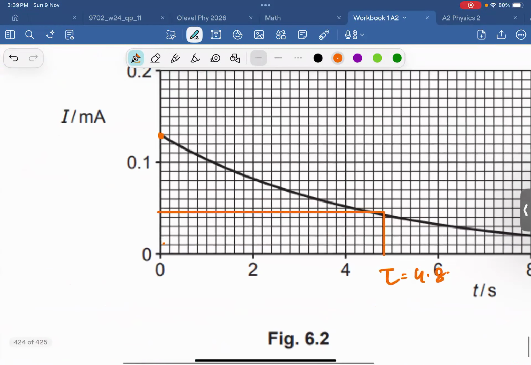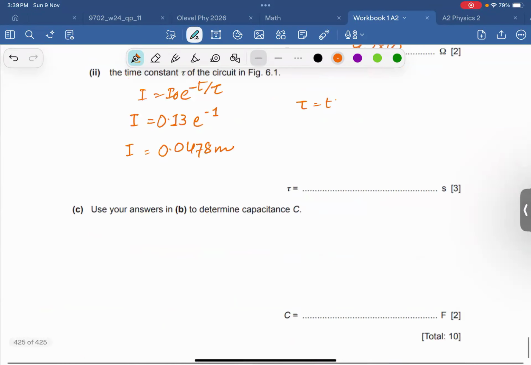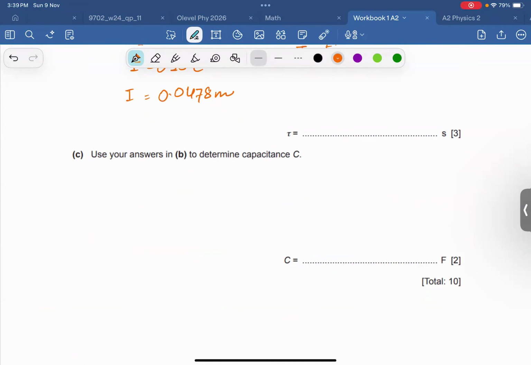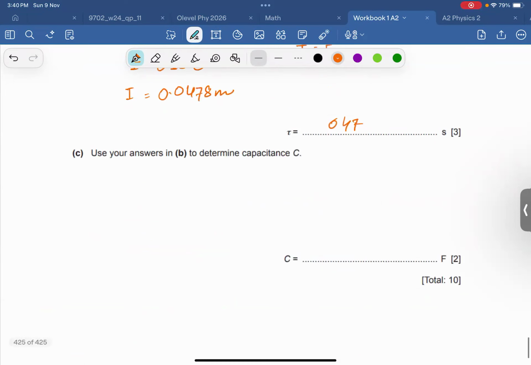Approximately 0.47, 0.48, so approximately 0.47 seconds. Now we know that tau is equal to RC.